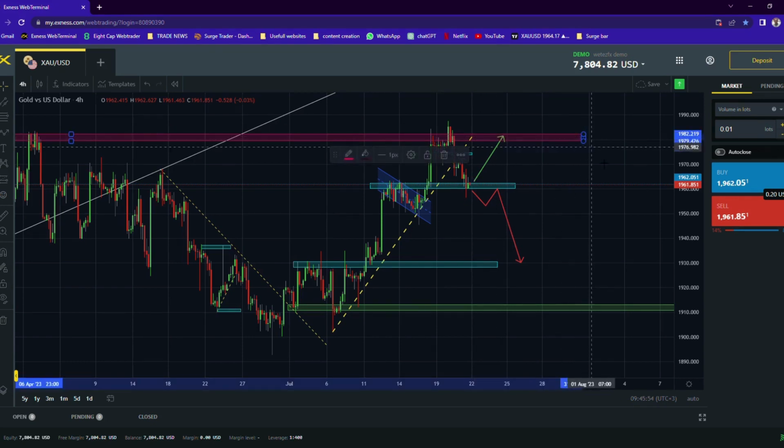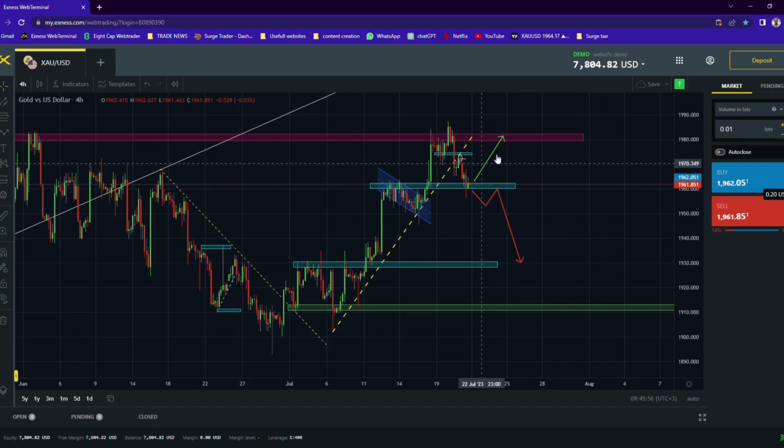Now we'll have to wait for a confirmation in the coming week. This level is still holding, or it is totally weak and it will fall to the downside. So wait for a break of 1960, retest that zone, and wait and get your entry confirmation to the downside.